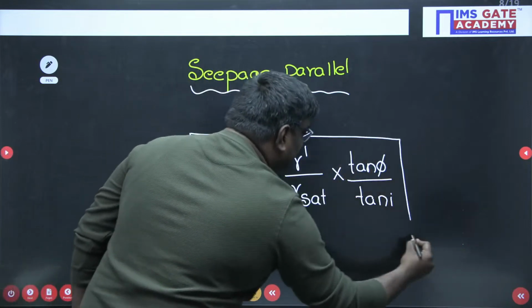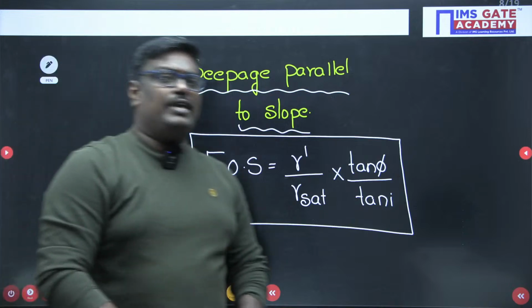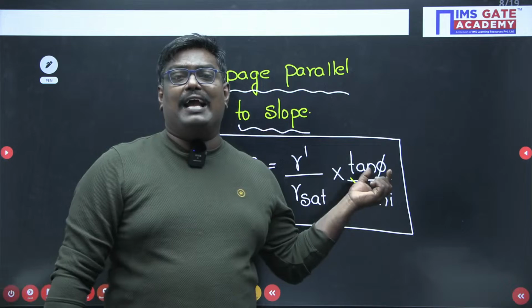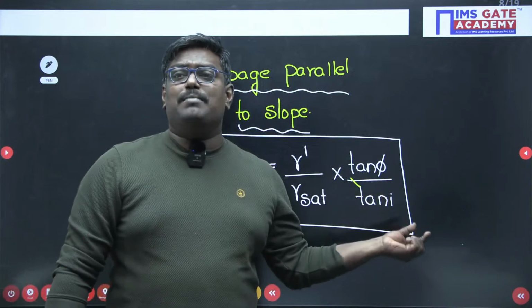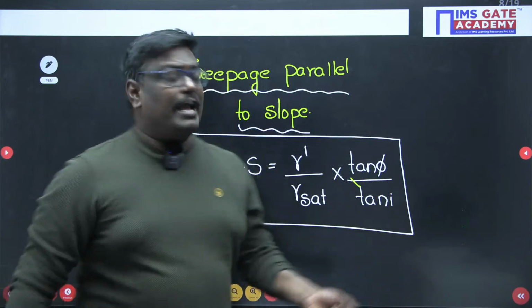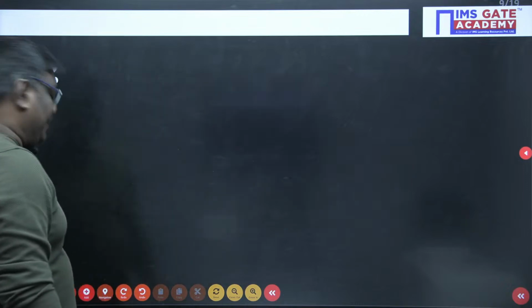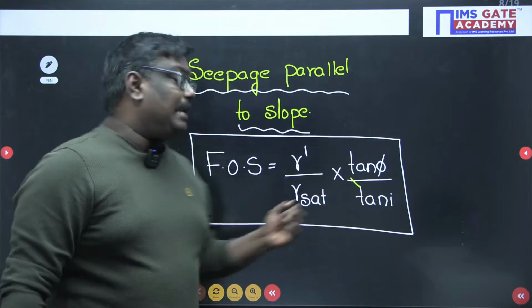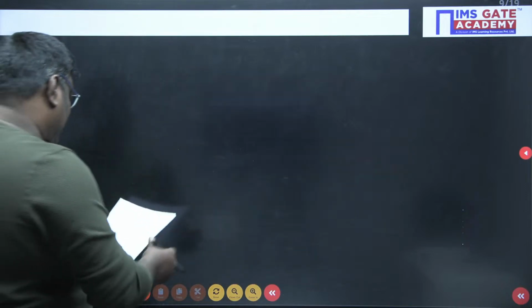Phi is the angle of friction and i is the angle of slope. Let us see what is the given data here.